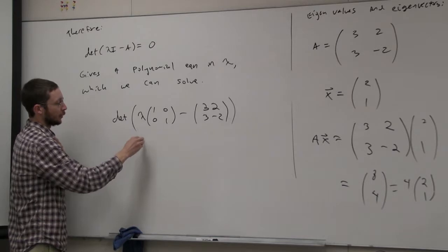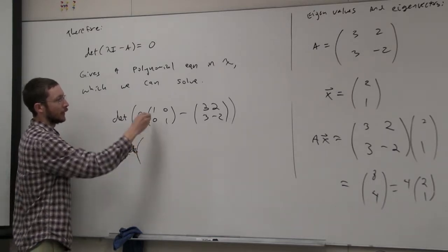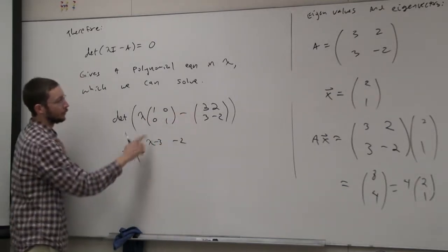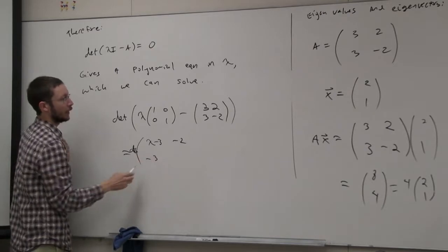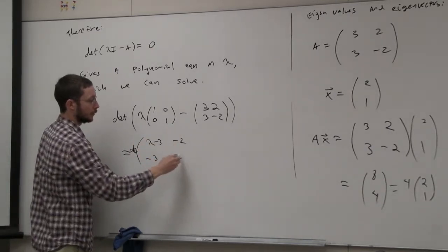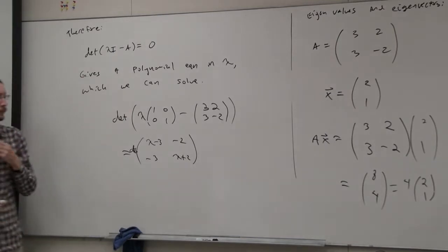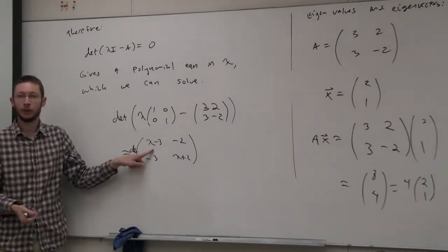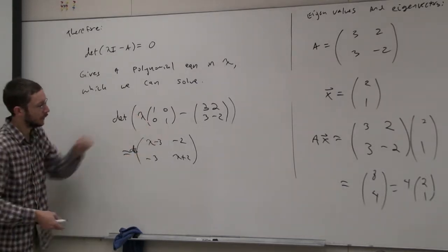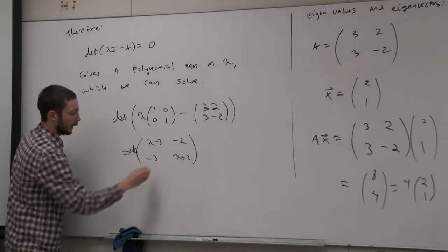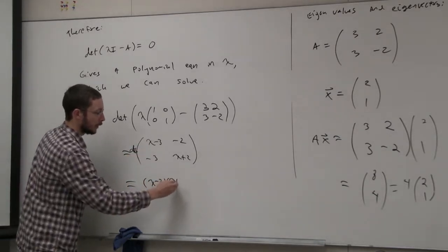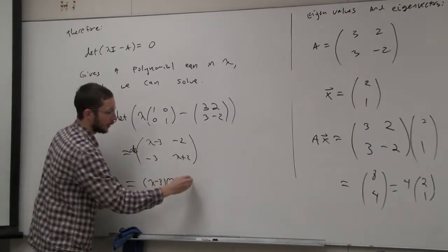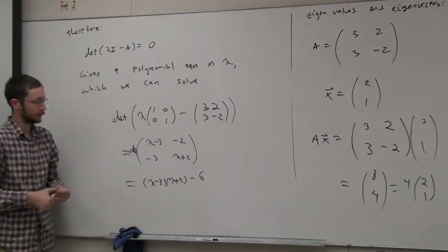This can be rewritten as the determinant of this matrix here: lambda minus 3, 0 minus negative 2, 0 minus 3, and lambda plus 2. From here, we know determinants: just multiply down the diagonal and subtract along the second diagonal. So that product here, lambda minus 3 times lambda plus 2, going down that diagonal, and then go up this diagonal and subtract that product. So we'd have a minus 6 at the end.